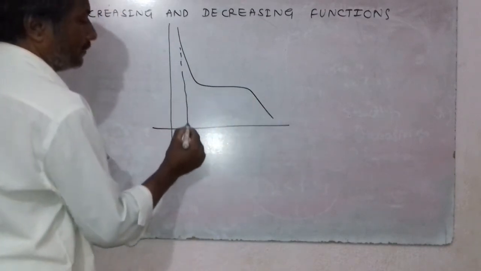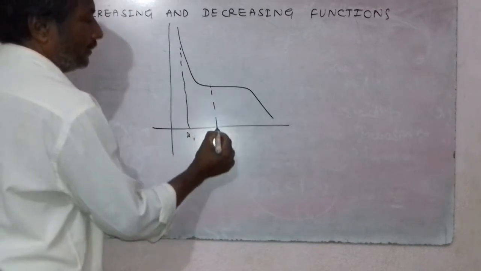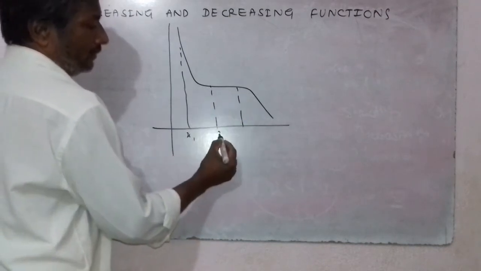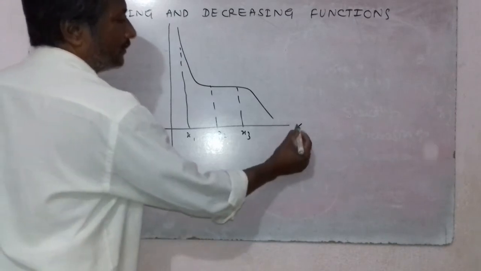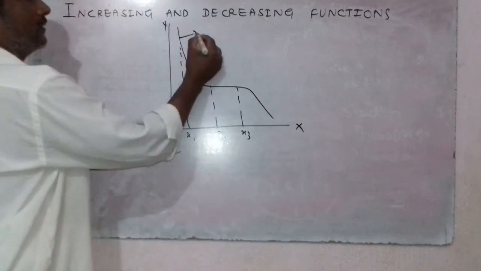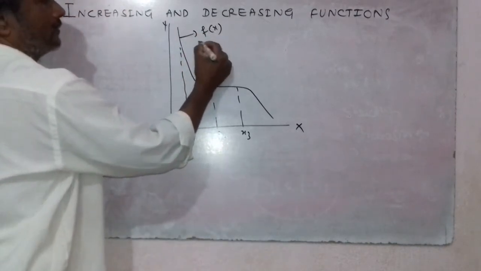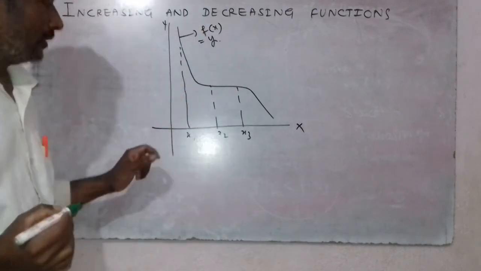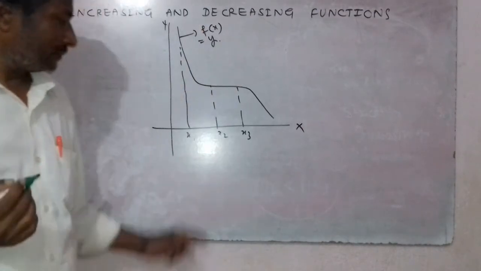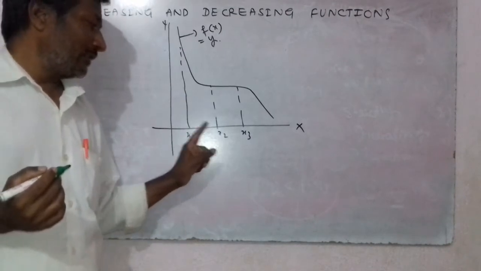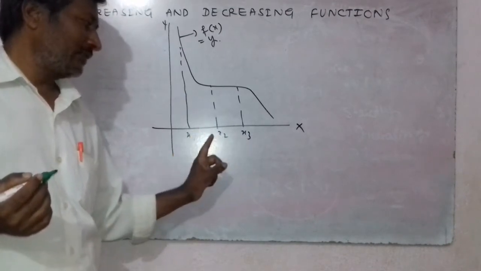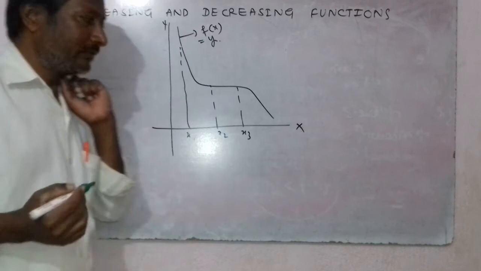So here it is x1, here x2, x3. So this is x, this is y, f of x. So observe here, x1 less than x2, x1 less than x3, x2 less than x3.